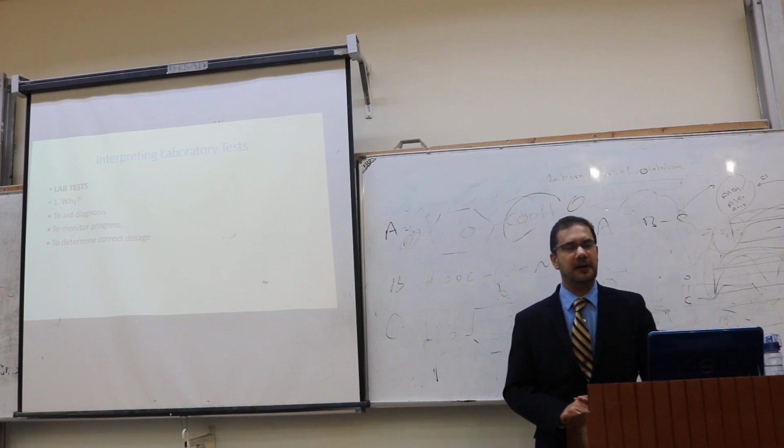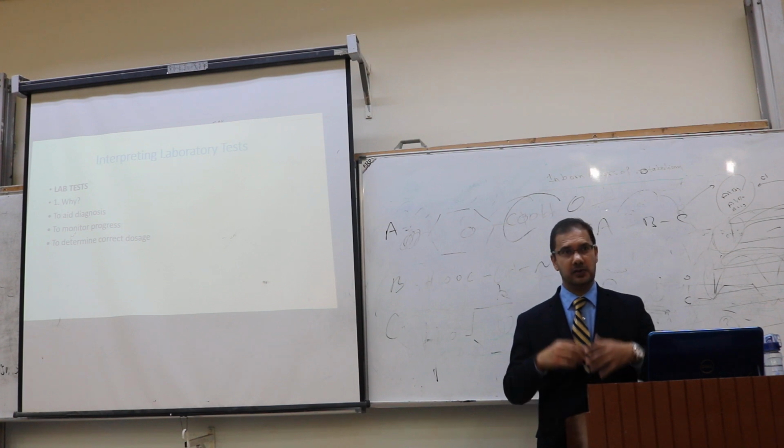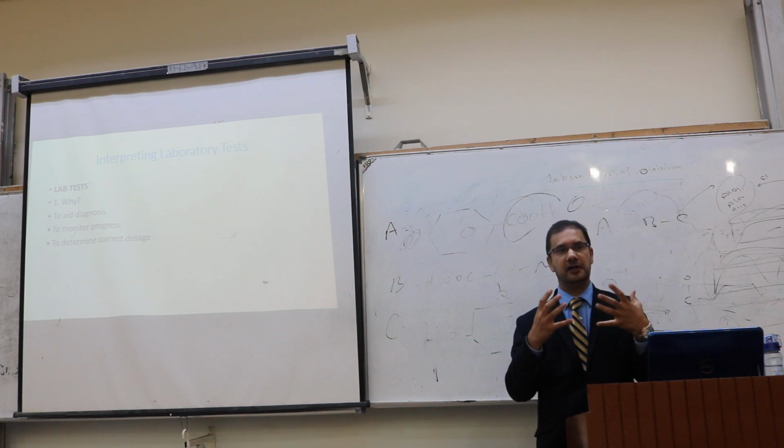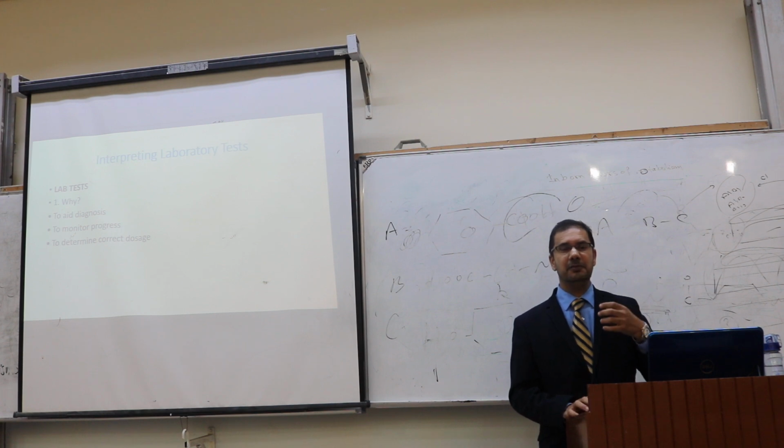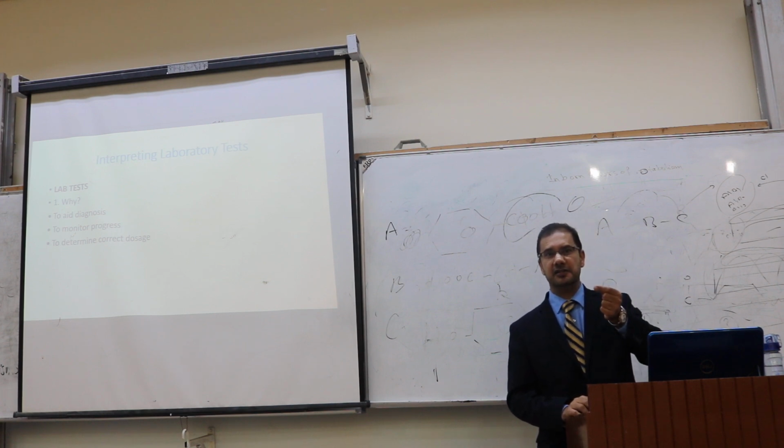Could someone give me an example? How can I use lab data to monitor medication adverse drug events? Hypokalemia. So keep in mind, any medication has side effects or adverse drug reactions.